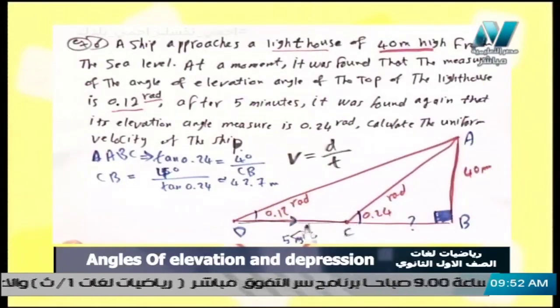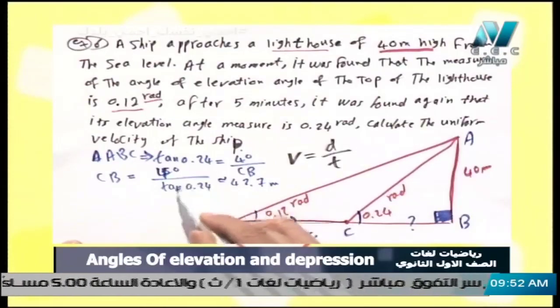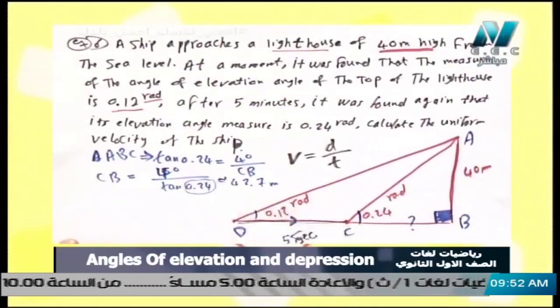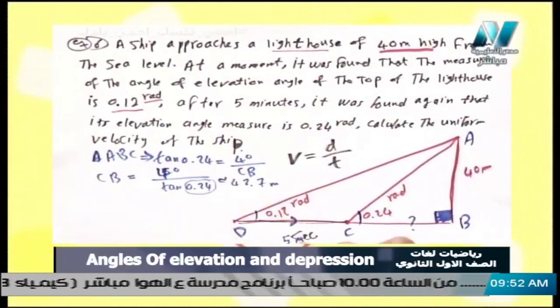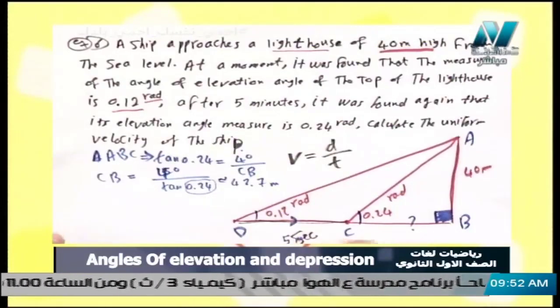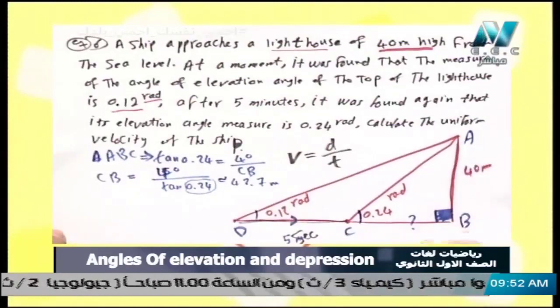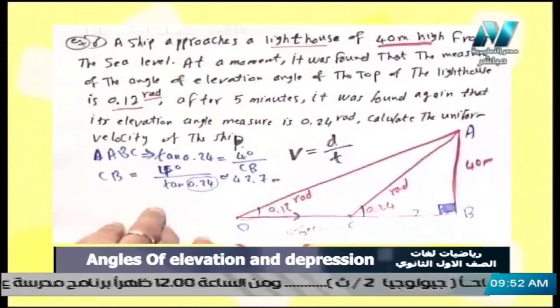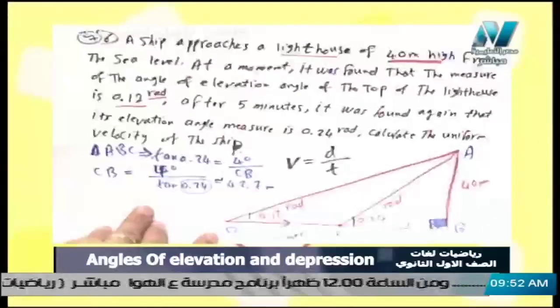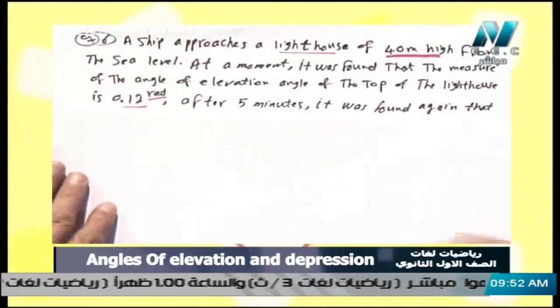I know that someone asked me, what is this? It's a rad. How can we find the tan of a rad measure? It's easy for you, but I will explain it to you. Let's concentrate first here.